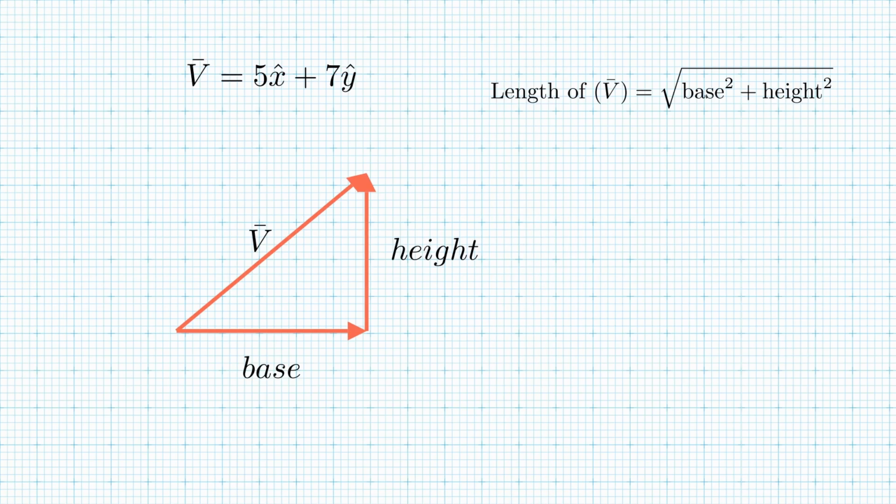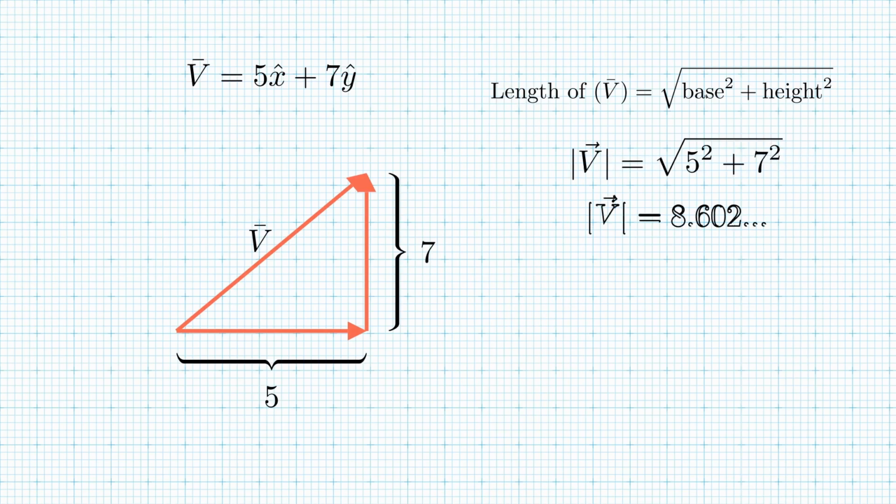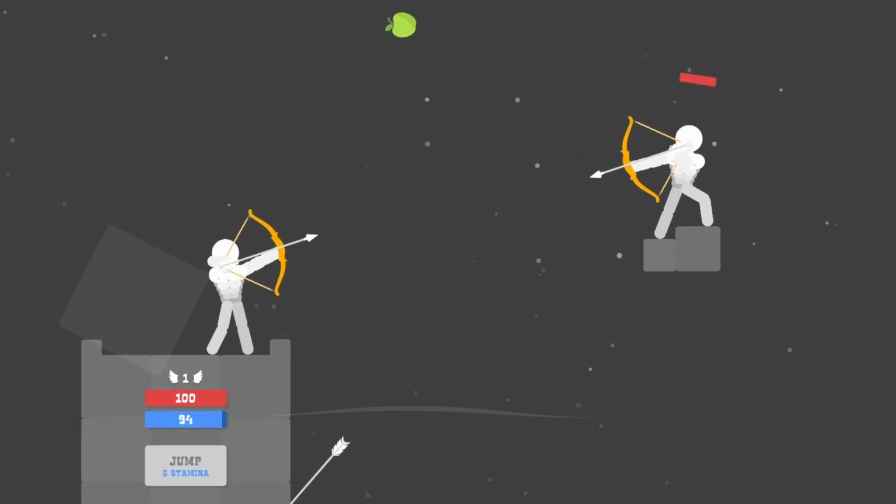The length of the vector v is its magnitude and it's actually represented by 2 bars around the alphabet. As the base is 5 units and height is 7 units, we substitute them into the equation and after solving, we get 8.60 units. Therefore, the magnitude of vector A is 8.60 units.